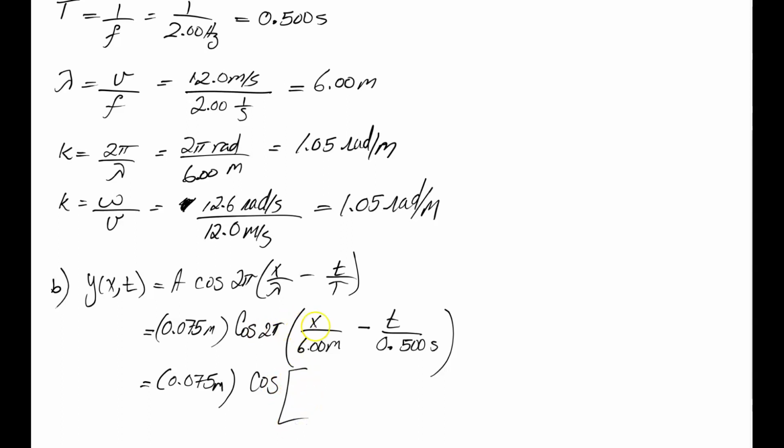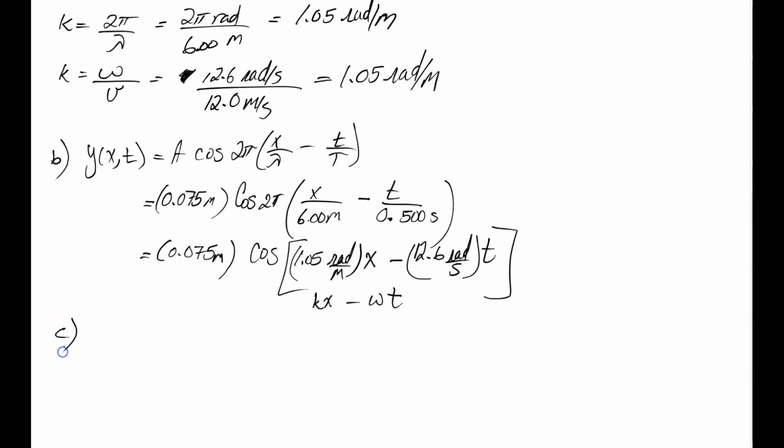If we multiply the 2 pi times x and divide by 6, we get 1.05 radians per meter, which is, if you recall what k was, x minus 1 over 0.5 times 2 pi will give us 12.6 radians per second times t. So notice that this is the same as kx minus omega t.